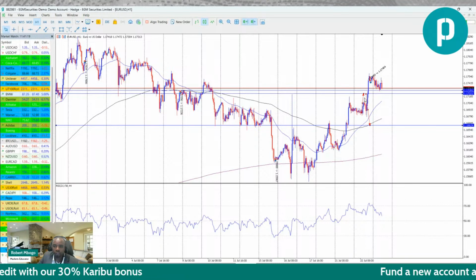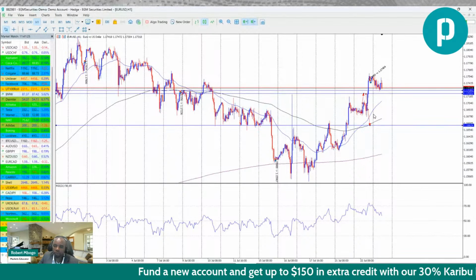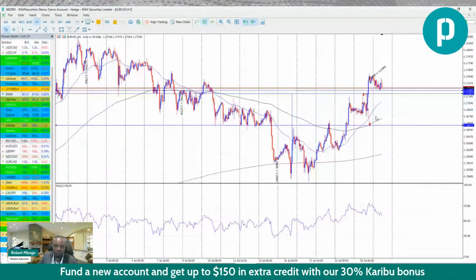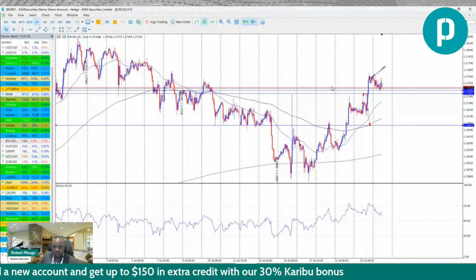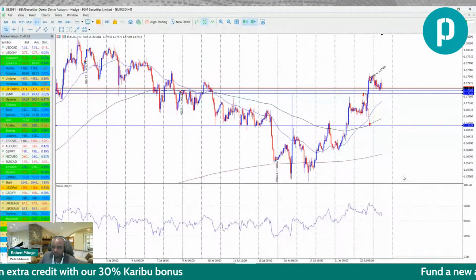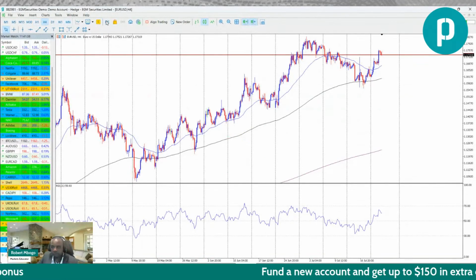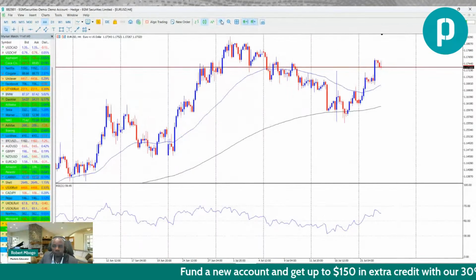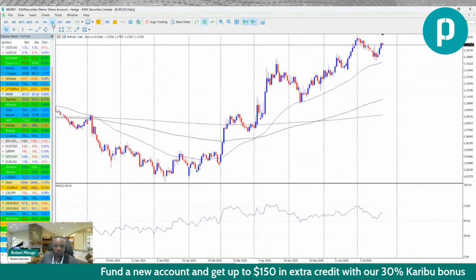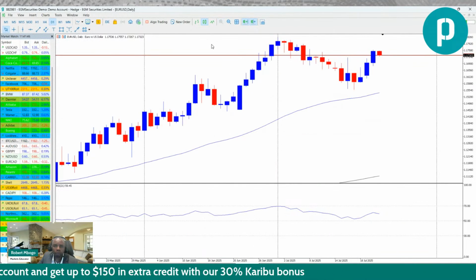Euro USD. We're looking for a bullish move, but then once price got there, that didn't pan out. Sorry, the dollar was quite strong, the dollar was quite weak, and so we can see the impact of that. Let's go to higher time frames. The daily. Has this area been tested?